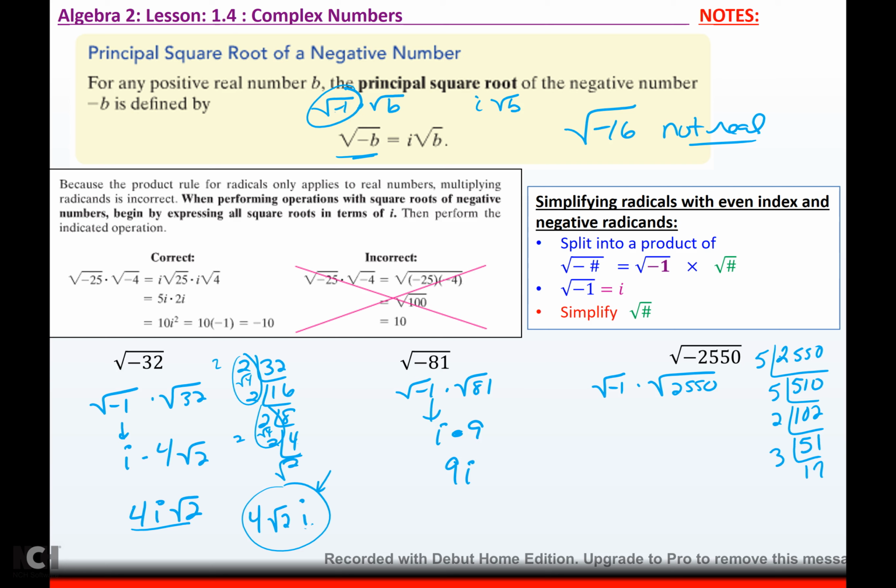So all I have is a bundle of 5s. So I'm going to have i times 5 times the square root of those 3 left, which, use a calculator or just back up, it's going to be the square root of 102. So I'd have 5i square roots of 102. Yeah?